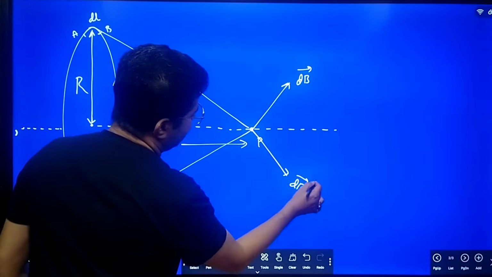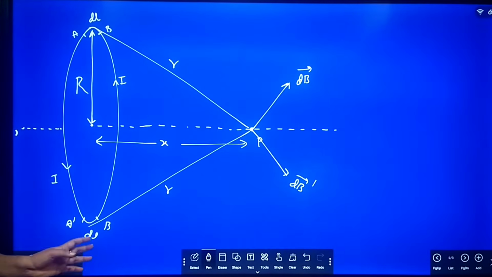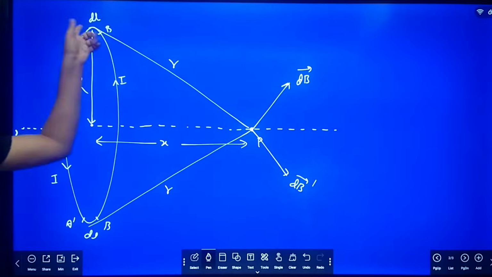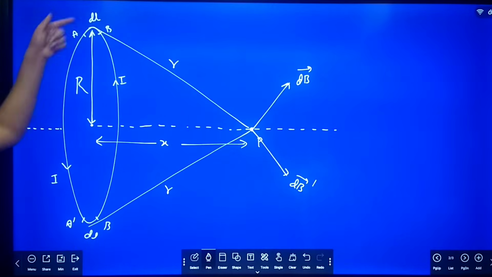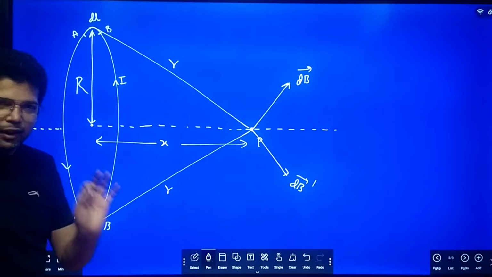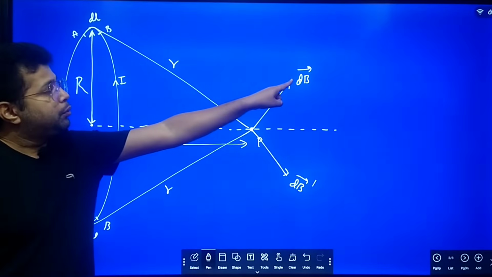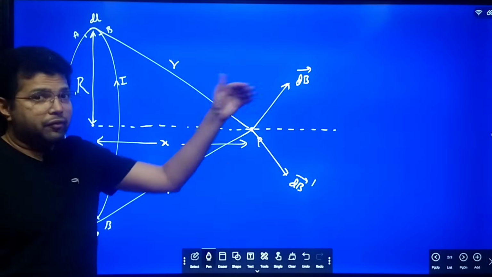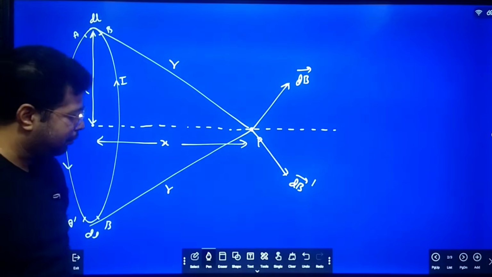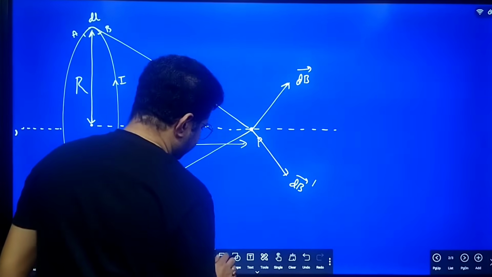Both have the same magnitude, because the distance is r for both, the length of both current elements is dl, and the current is I. These two magnetic fields may have different directions, but their magnitude is the same.